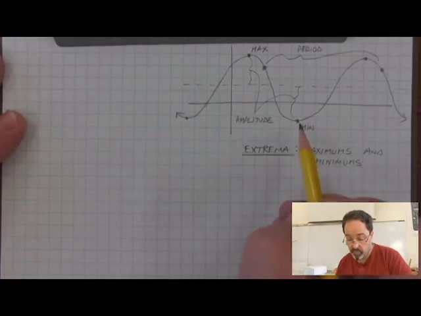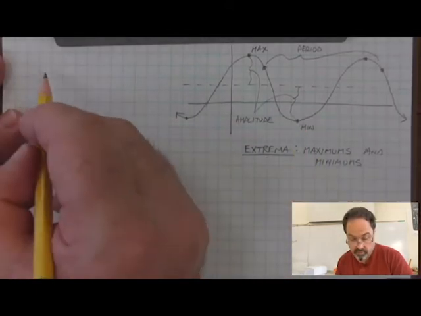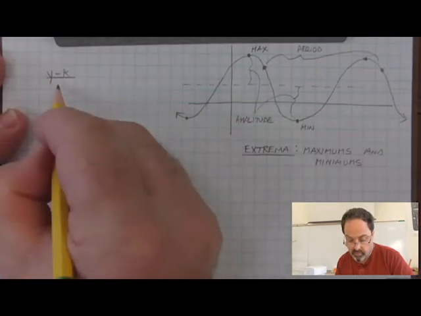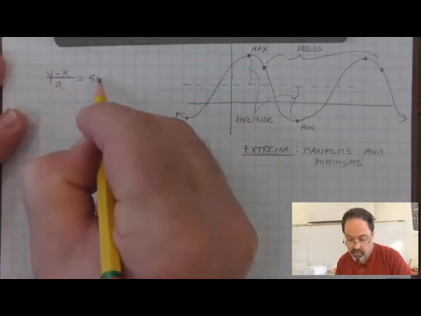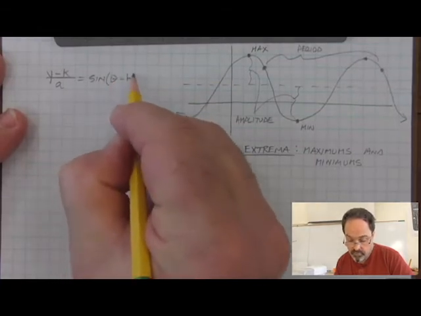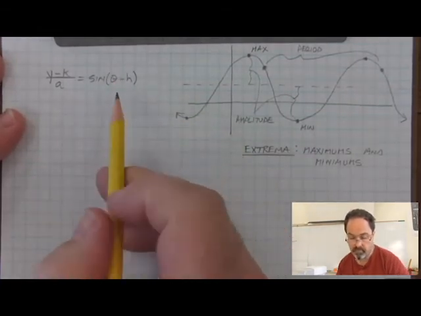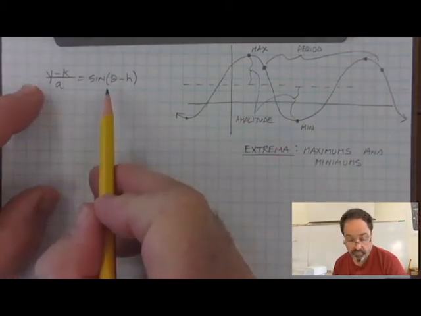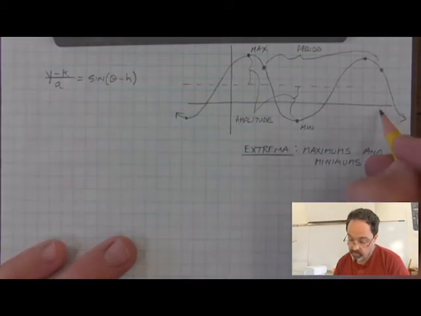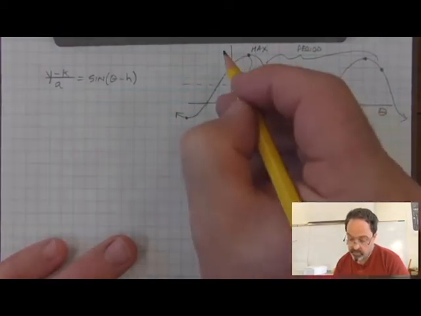A transformed sine or cosine function has an equation of this form: y minus k, divided by a, is equal to sine or cosine of theta minus h. The variables in this equation are y and theta. The variables are the ones that we would label our axes with.